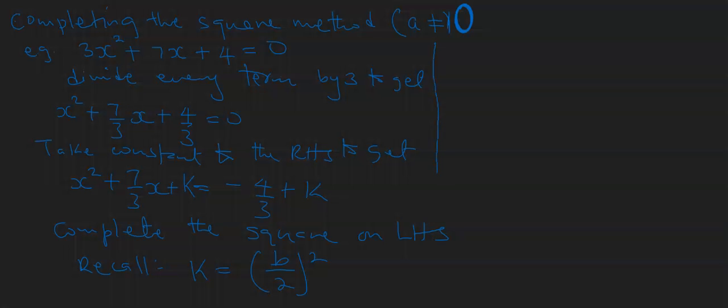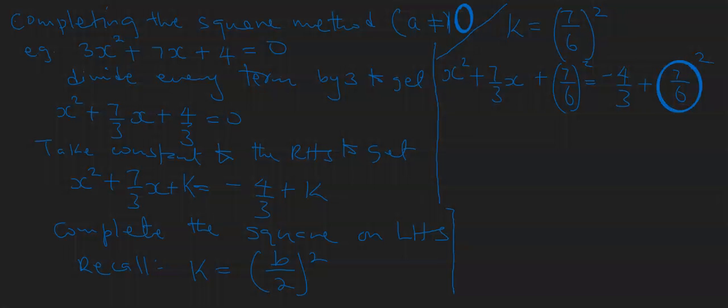So in this case, our b is 7 over 3, and therefore our k will be 7 over 3 over 2. That will give us 7 over 6 squared. Hence, we shall have x squared plus 7 over 3x plus 7 over 6 squared is equal to negative 4 over 3 plus 7 over 6 squared.